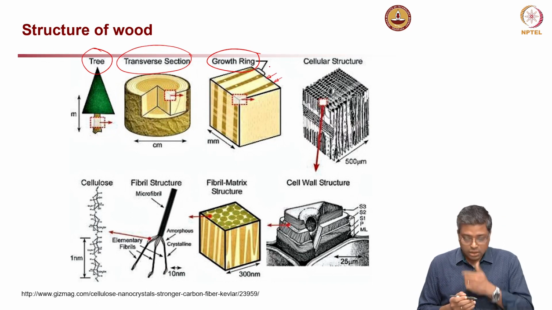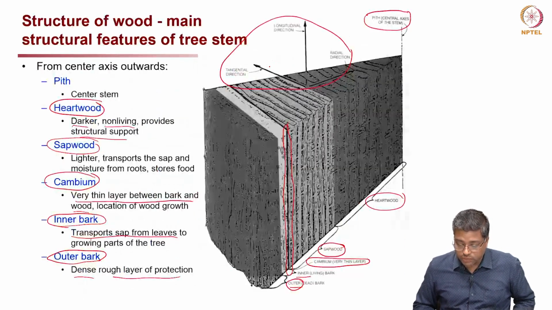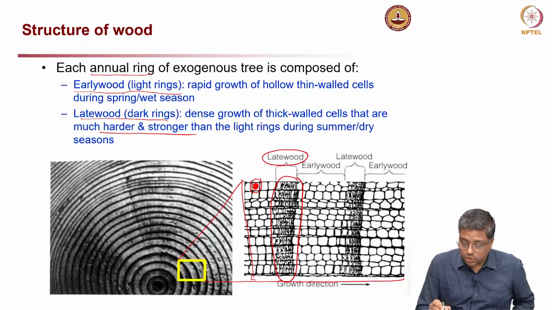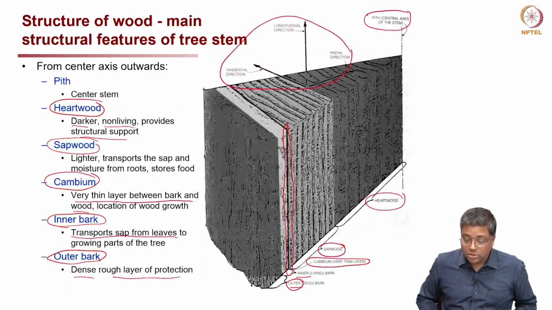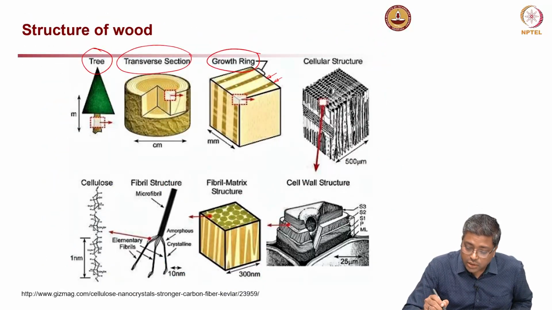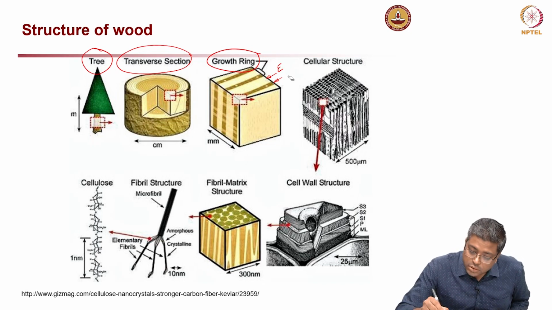So, just to re-emphasize that, the denser ones are the late wood, and the lighter ones are the early wood. Denser, late, and lighter, early.